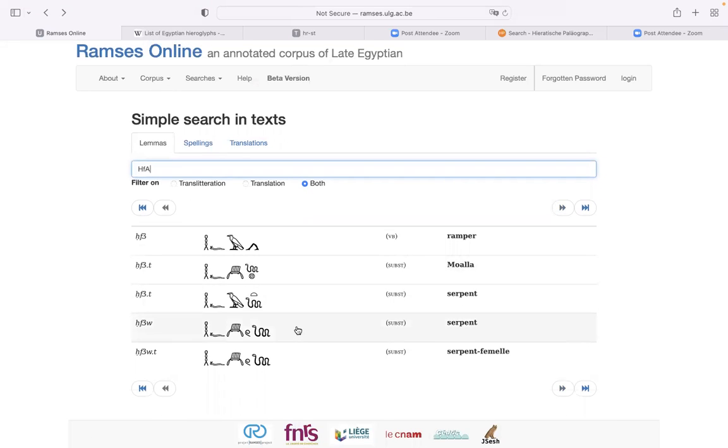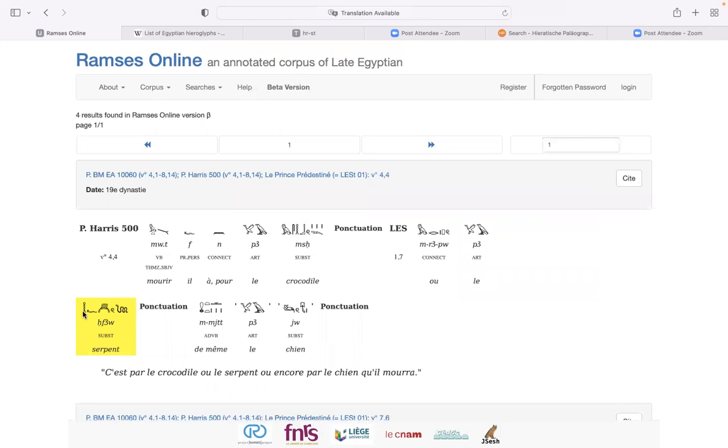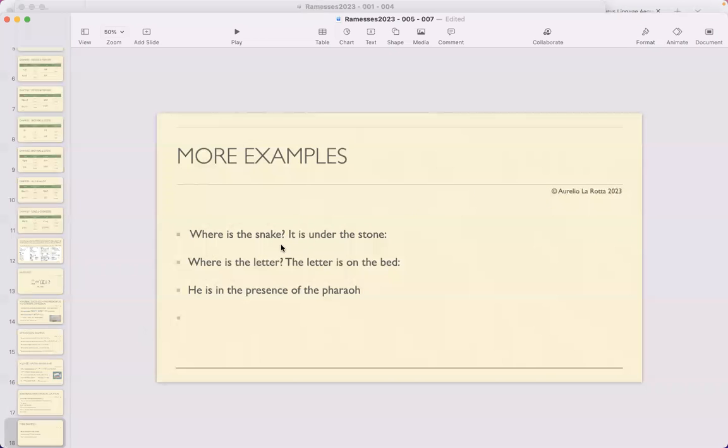There you go. There's a male and a female one. Let's use the male one. F-A-U-W, Khafau. All right. So how would you say, where is the snake? And then we tackle the second part.